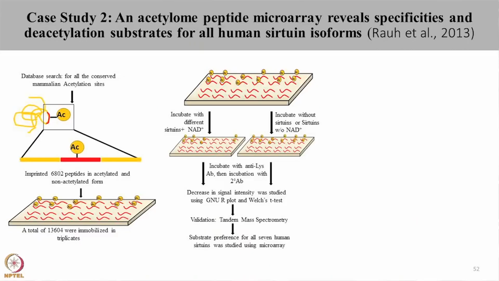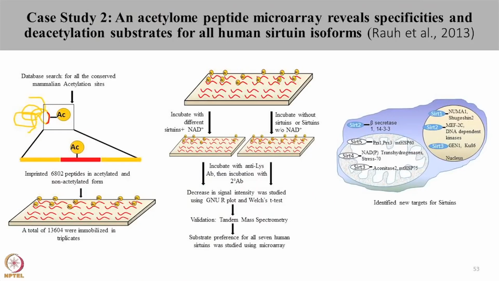The decrease in the signal intensity of acetylation was further calculated using Welch T test. These acetylation patterns were also validated using mass spectrometry, and this study resulted in identification of substrate preferences for different sirtuin isoforms. Further, this study ended up in identification of new targets for sirtuins.